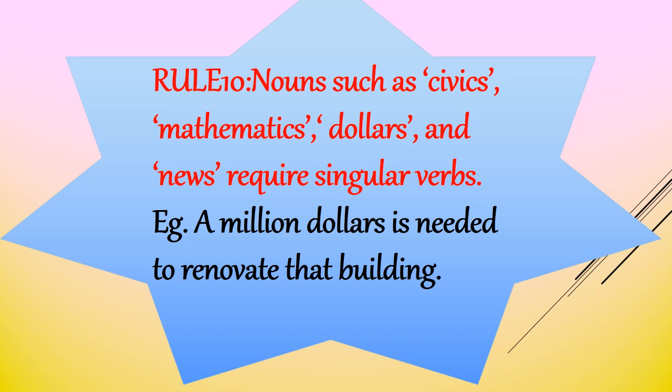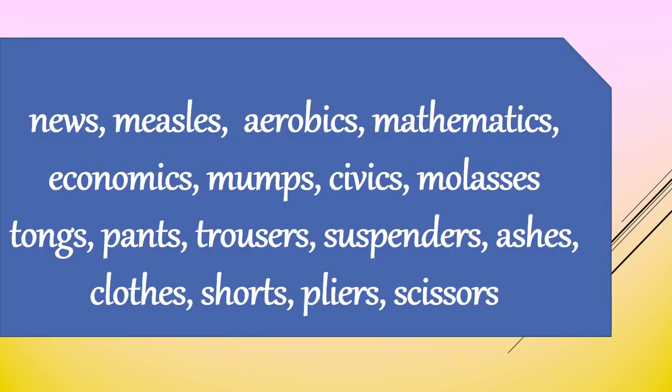Here are some more examples: news, measles, aerobics, mathematics, economics, mumps, civics, molasses, tongs, pants, trousers, suspenders, ashes, clothes, shorts, pliers, and scissors. With these nouns, we always use the plural form of the verb.